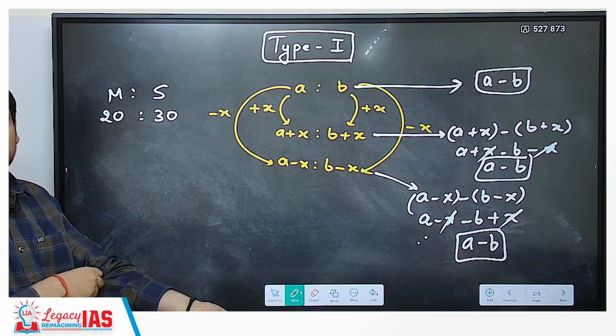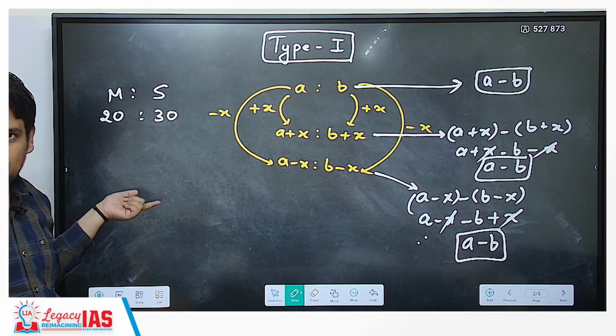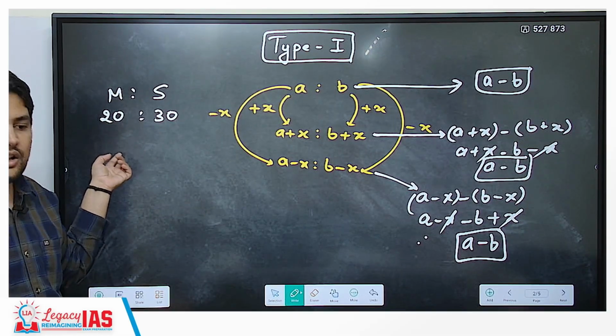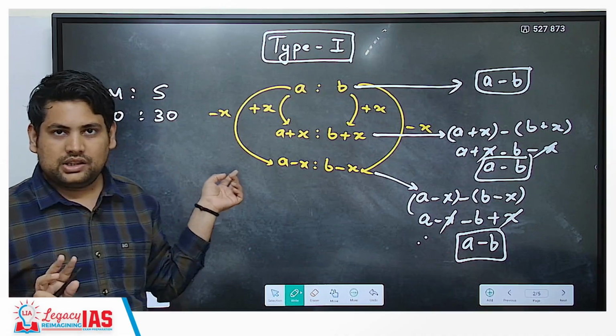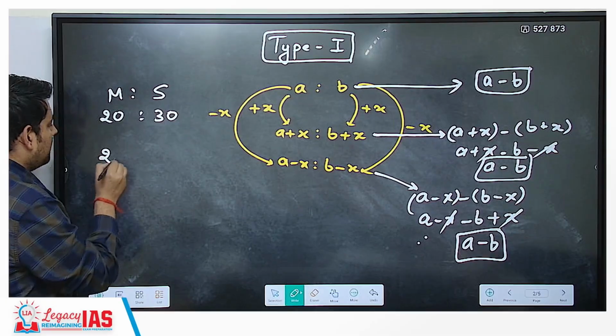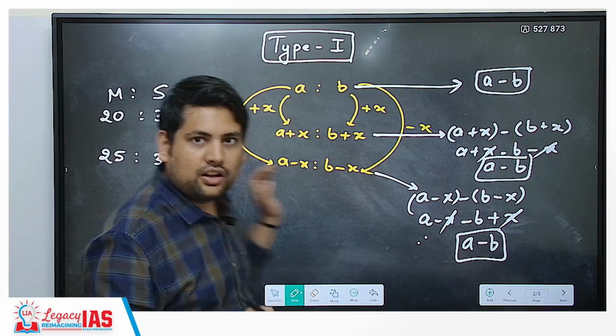Now, the difference between our ages is 10 years, correct? She is 10 years elder to me. Now, after 5 years, what will be my age? My age will be 25, her age will be 35, correct?